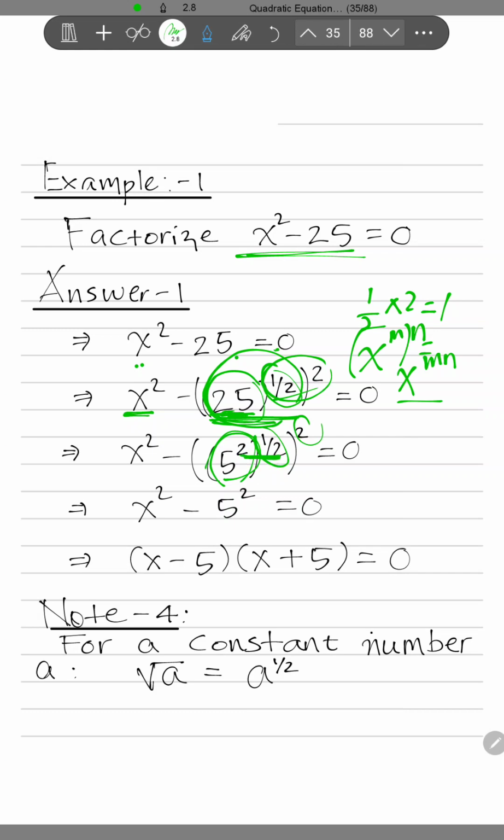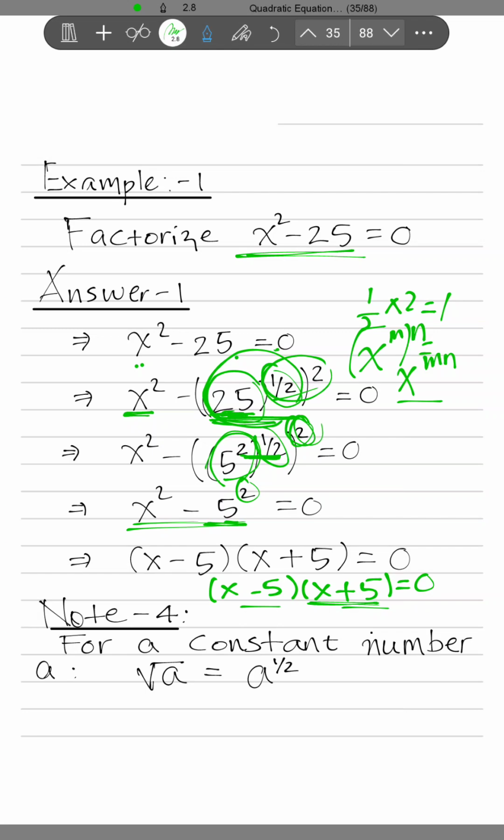Now I multiply these two, then I will have only x squared minus 5 squared. x squared minus 5 squared is a difference of two squares, which is x minus 5 and x plus 5 is equal to 0. The product of these two numbers is 0. It means either x minus 5 is equal to 0 or x plus 5 is equal to 0. x is equal to 5 or x is equal to minus 5. It keeps to be like that.